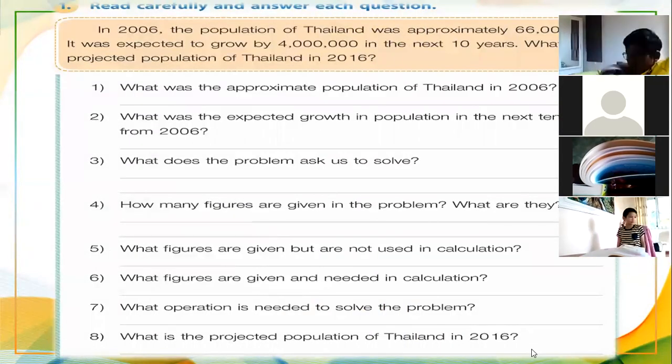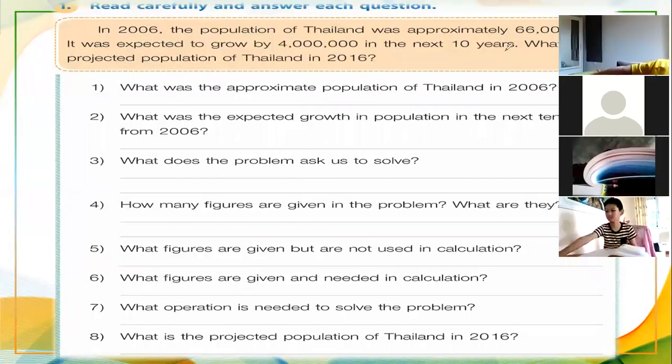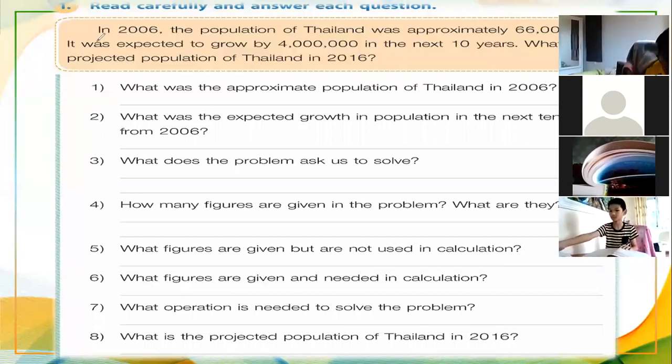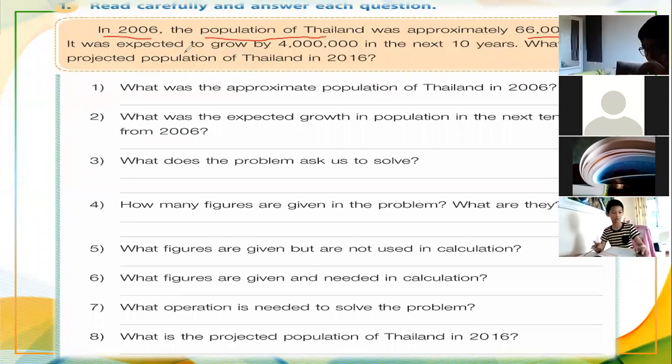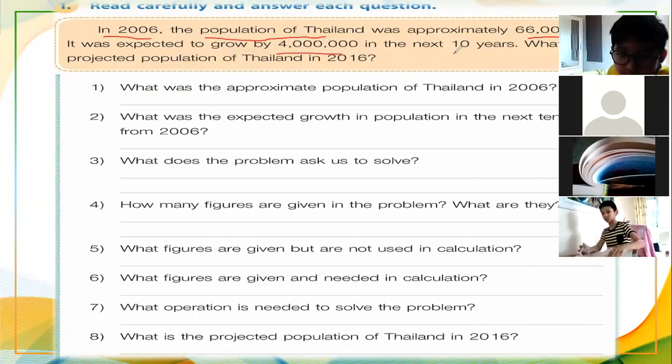Okay, so here now we have a problem. First, what we have to do, let's read carefully and then answer the question. Now in 2006, the population of Thailand was approximately 66 million. It was expected to grow by 4 million in the next 10 years.